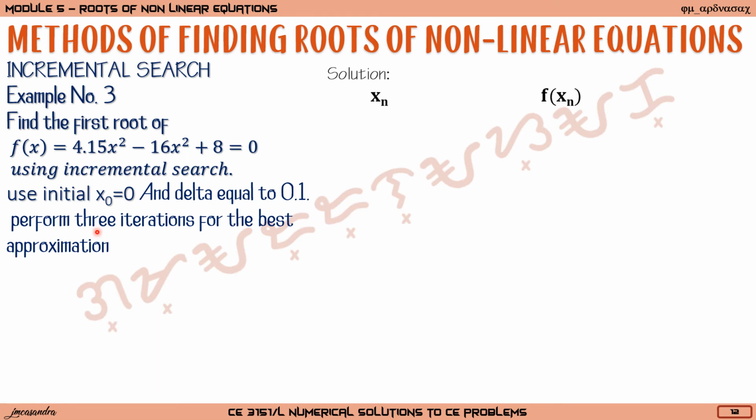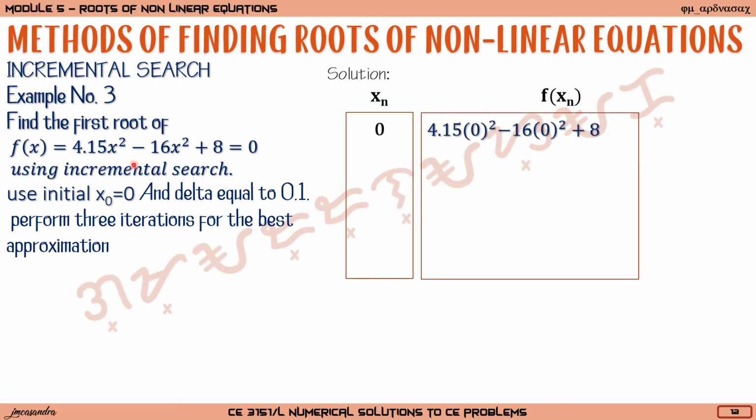So let's start. So for our solution, we will need x sub n. And our x sub n, we substitute in our equation to be able to get f of x. So our initial is 0. Substitute in our equation 4.15 times 0 squared minus 16 times 0 plus 8.